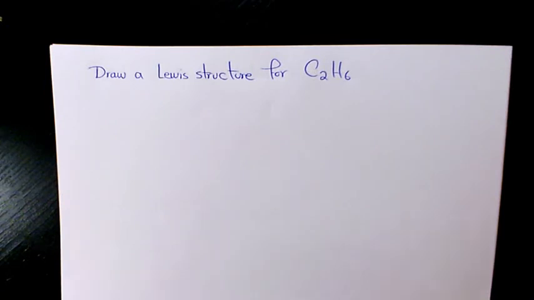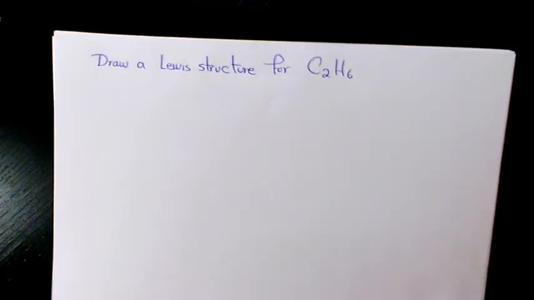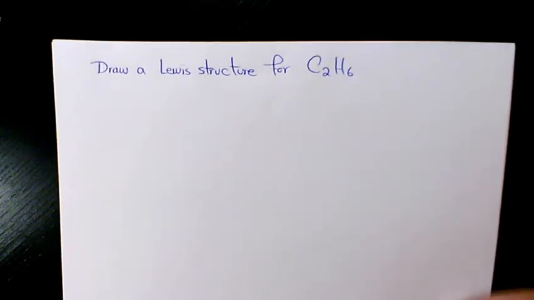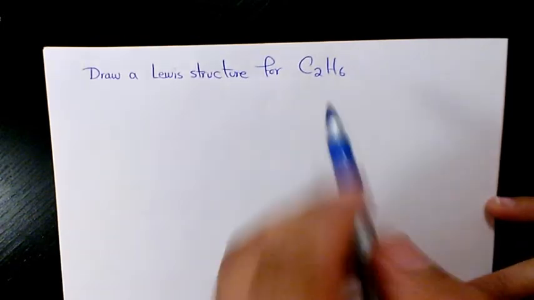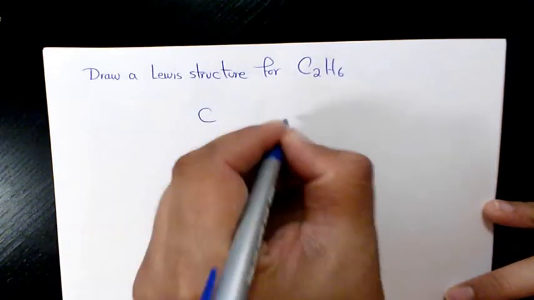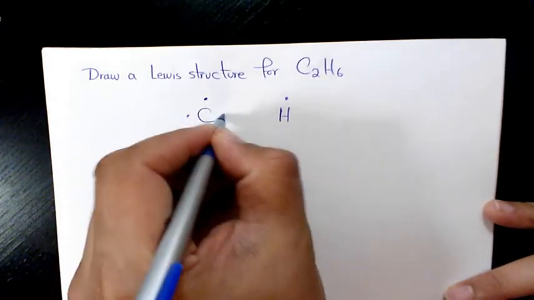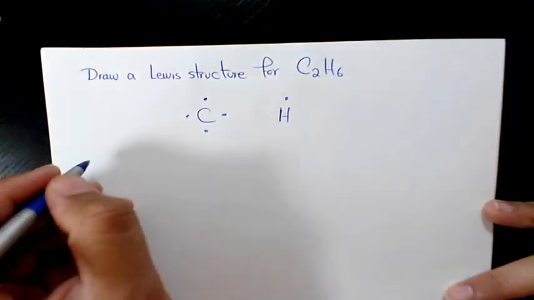Now, next example, we need to draw the Lewis structure for C2H6, which is ethane. So what we need to do is have the elements first. We have carbon and we have hydrogen. Hydrogen has 1 electron. Carbon has 4 electrons in its valence shell.